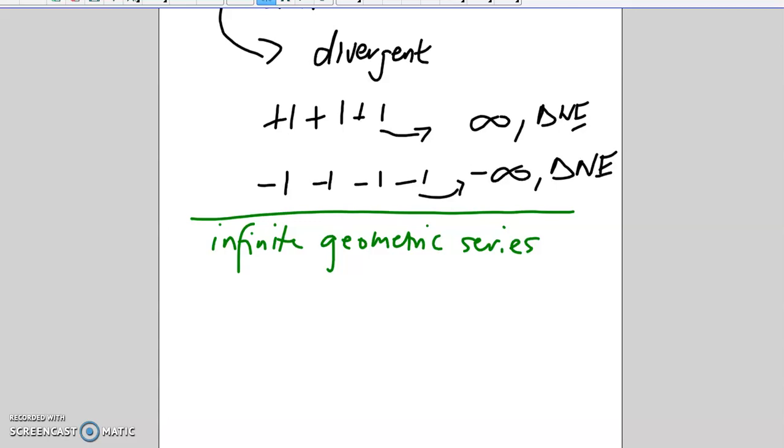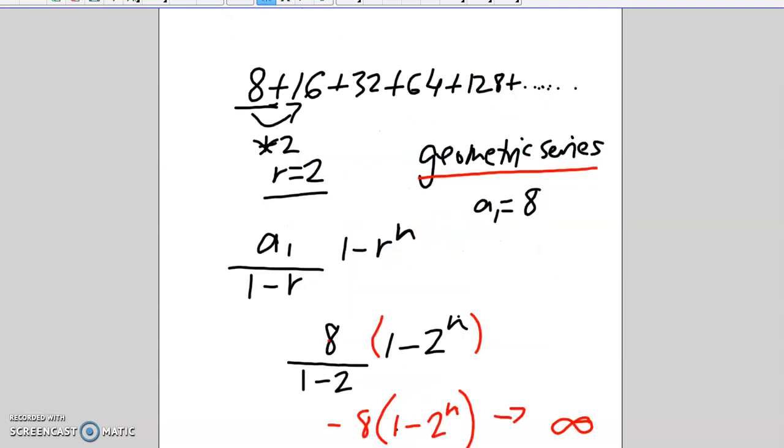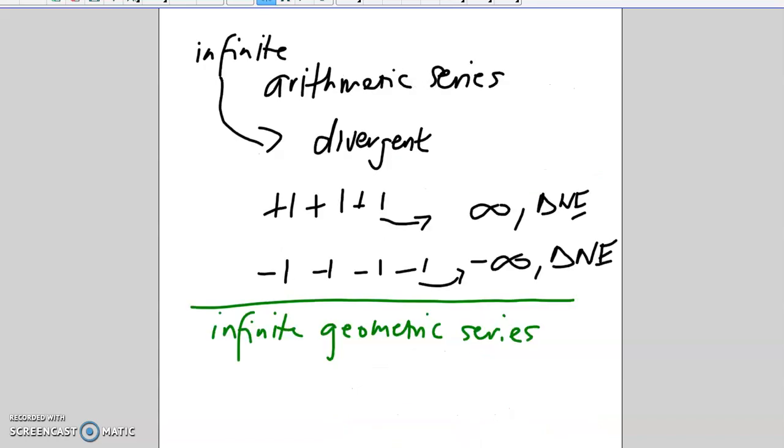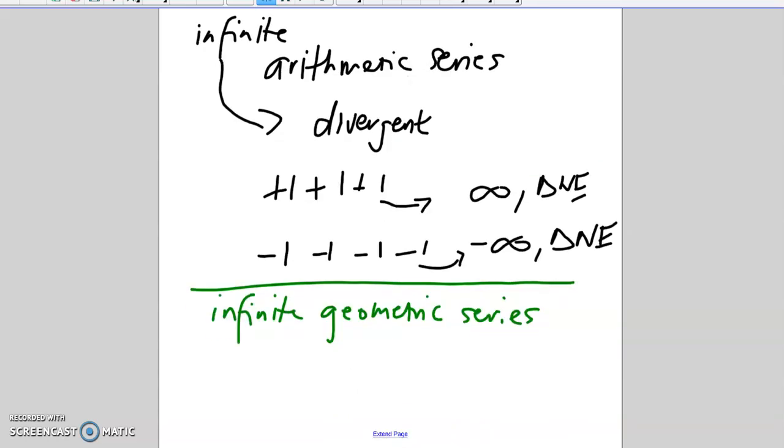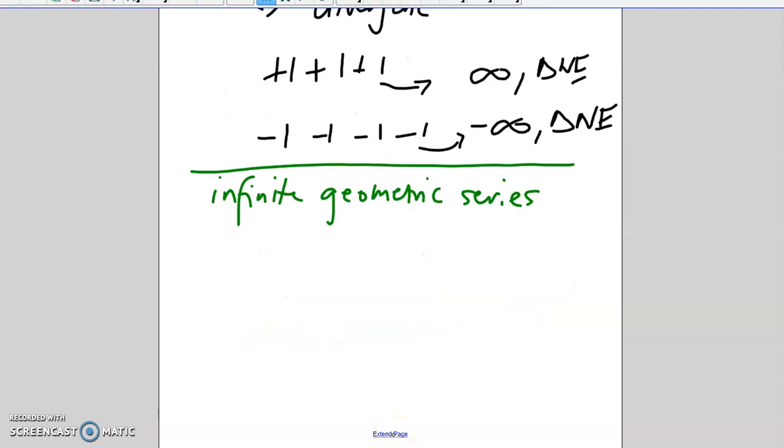So one of them we actually saw here. We had the series 8, 16, 32. So in this geometric series, we had an R value that was bigger than 1. So let me write out this sum here.